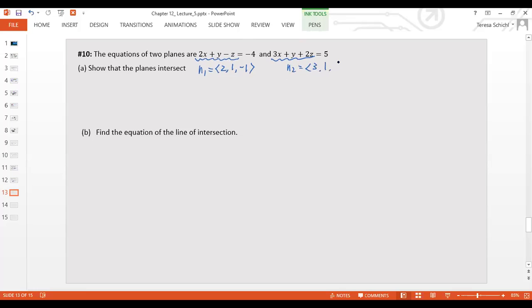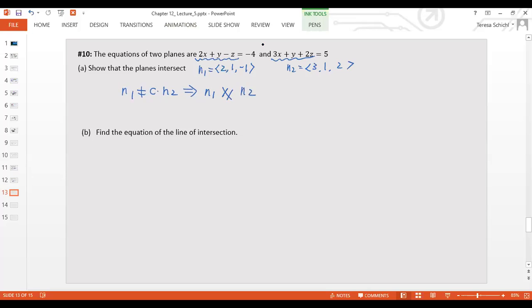The normal vector for this plane here is 3, 1, 2. So are they scalar multiples of each other? No, since n1 is not equal to a constant c times n2. So they are not scalar multiples, which means n1 is not parallel to n2.